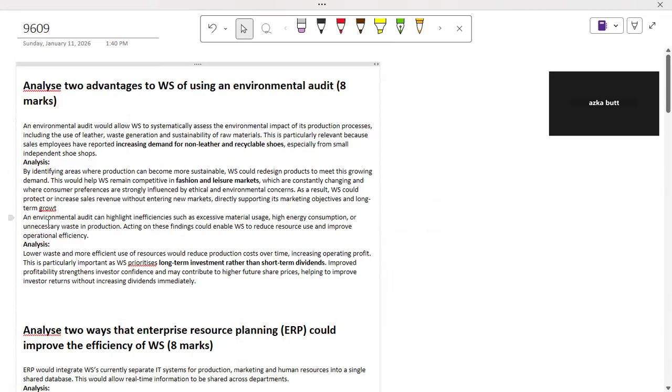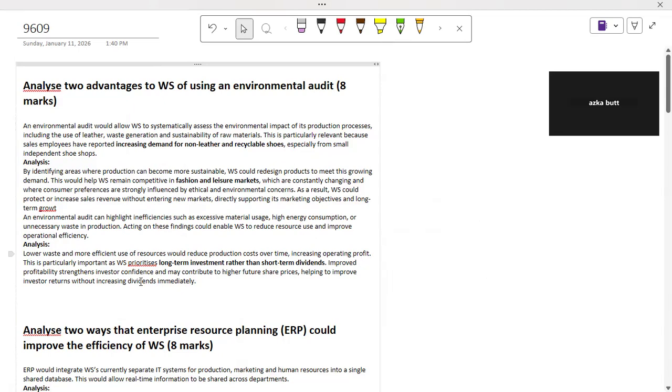The second point is that an environmental audit can highlight inefficiencies. This is the second advantage, such as excessive material usage, high energy consumption, or unnecessary waste in production. So, acting on these findings could enable WS to reduce resource use and improve operational efficiency. The lower cost and more efficient use of resources would reduce production costs over time, increasing the operating profit.